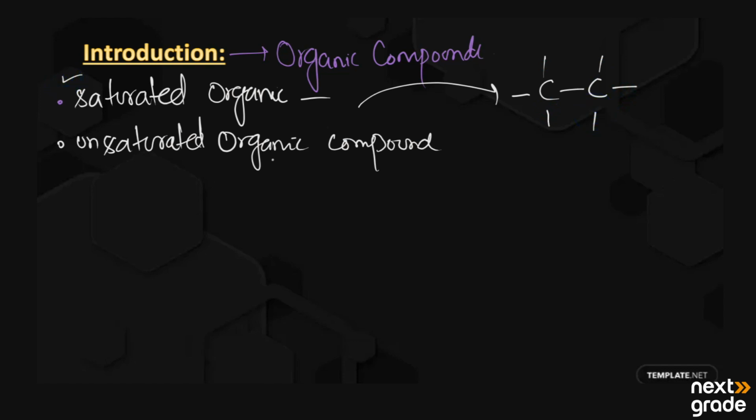On the other hand, when we talk about unsaturated hydrocarbons or unsaturated organic compounds, they may be of two types. The first one is alkenes, and the second one is alkynes. So let's have a look at what alkenes and alkynes are, what their general formulas are, and what their properties are.